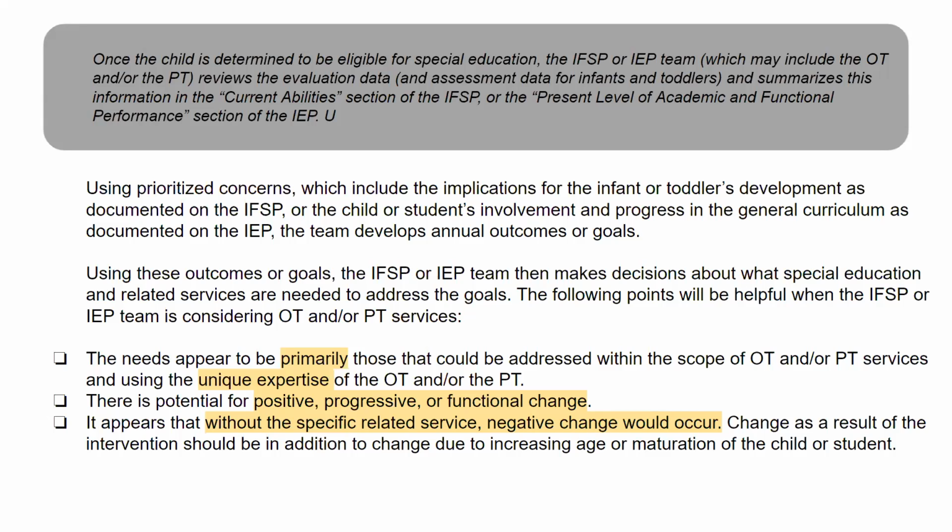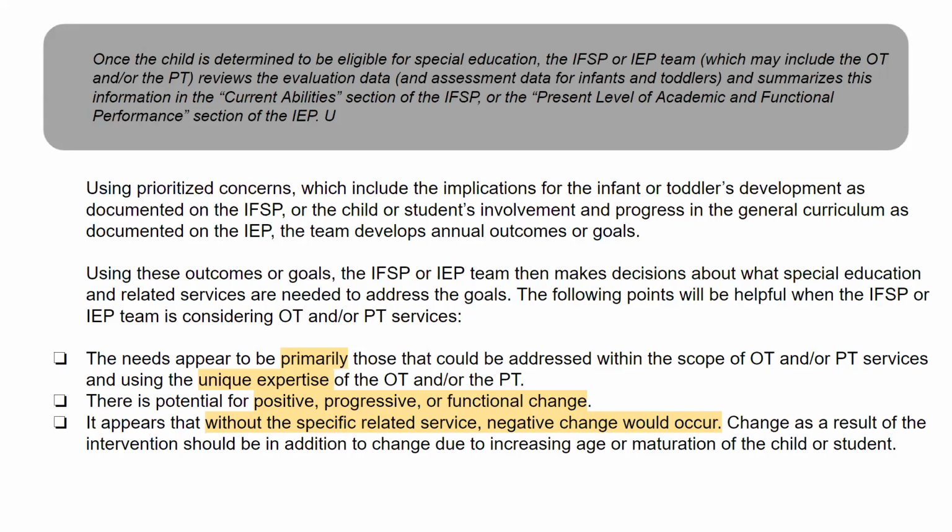And so if you have questions on that, you can go back to the slides that I had of what that scope actually looks like. So you will have a copy of this so that you know exactly. So that if it's something within the scope of the occupational therapist, maybe we only need an occupational therapy goal. Maybe if physical therapy and those significant life skills medical components are not needed, we may only need an occupational therapy goal.